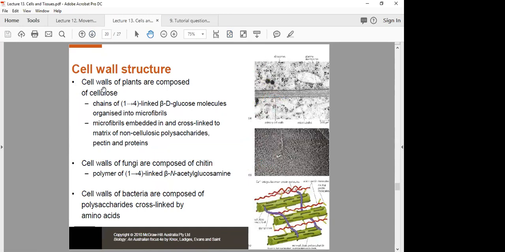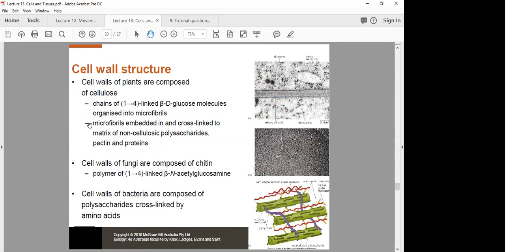Cell walls are composed primarily of our structural polysaccharide called cellulose. You might remember from one of our earlier lectures that cellulose is a polymer consisting of many glucose molecules linked together into chains, and these chains are organised into microfibrils. Don't worry too much about the rest of this information here. We'll go into more detail about this in second semester in organic chemistry.